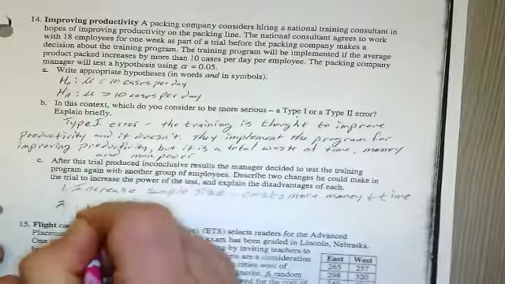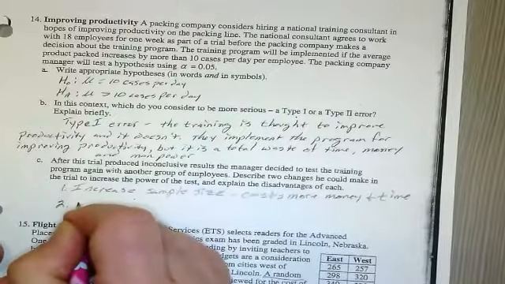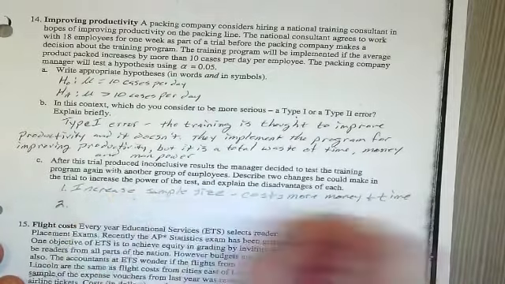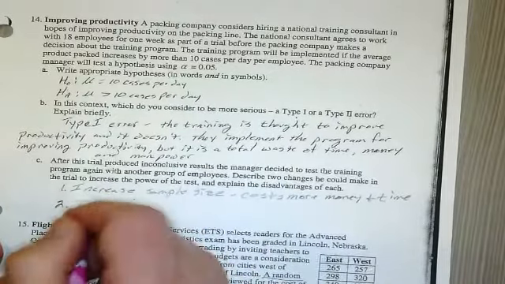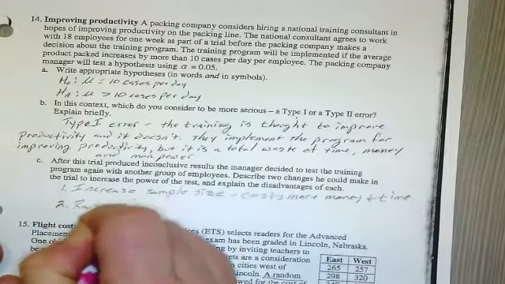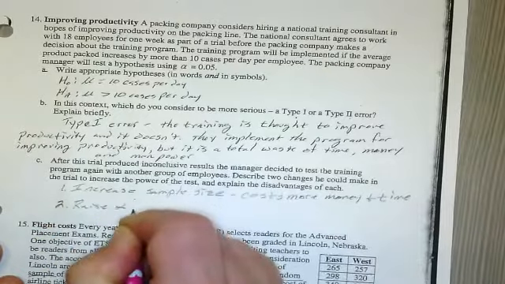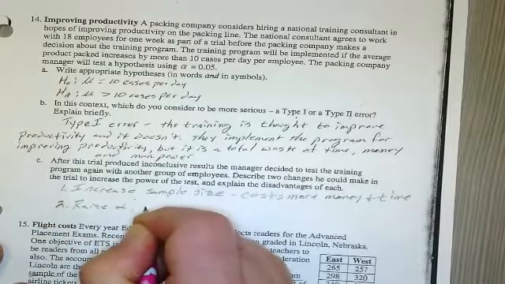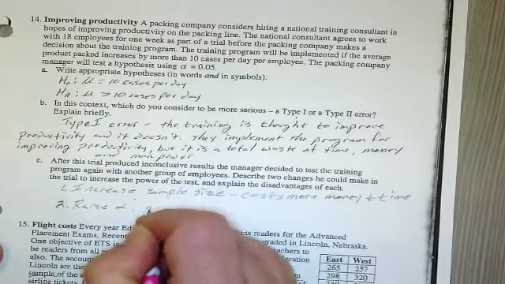Or 2, he wants to increase the power of the test, so he could raise the alpha, which may lead to a better chance of a type 1 error.